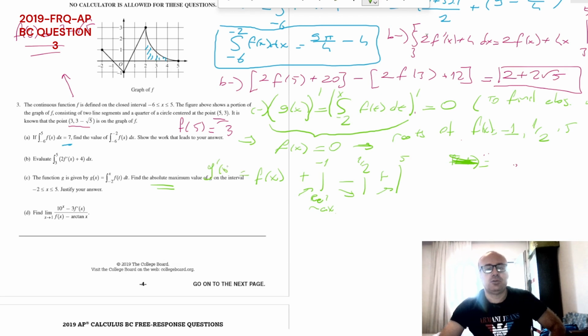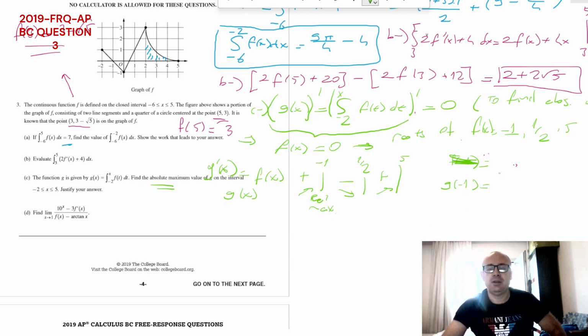This is related to the derivative function, and these increasing and decreasing intervals are for g of x. So we have to look at not f of negative 1, but g of negative 1. This is the x coordinate of the relative max point.